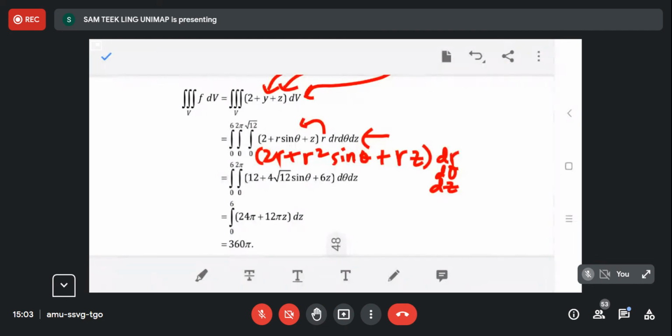So please make sure to write out the skipped steps yourself. For the cylinder, any question?